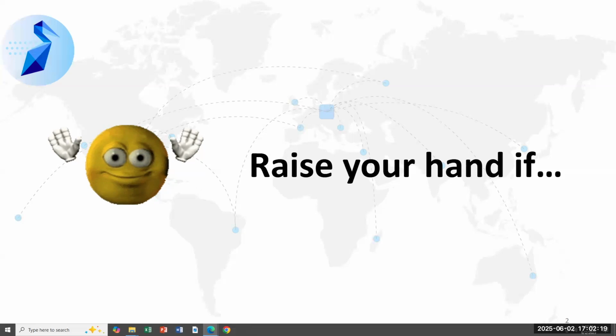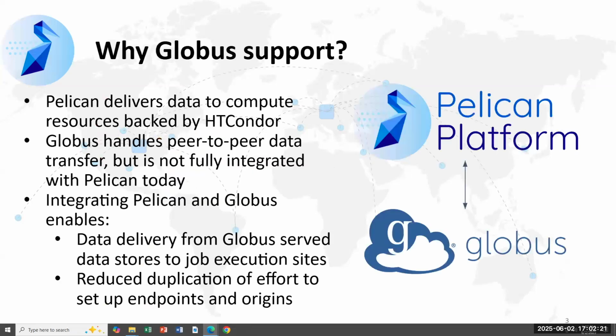To give some background, Justin and Brian have already talked at length about Pelican today, so I'll keep it brief. The primary use case is to deliver data to compute resources backed by HTCondor. Globus, on the other hand, occupies a different niche, which is handling peer-to-peer data transfer.